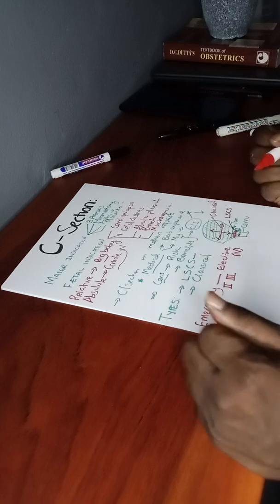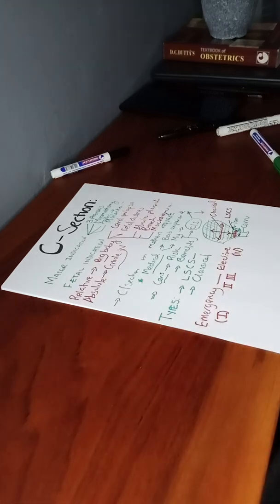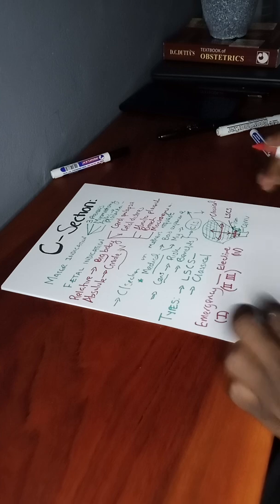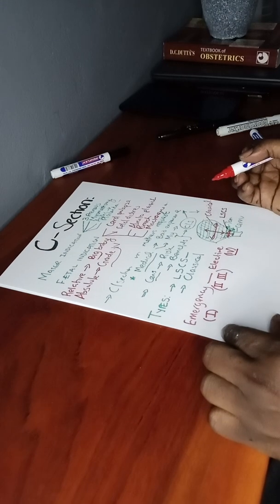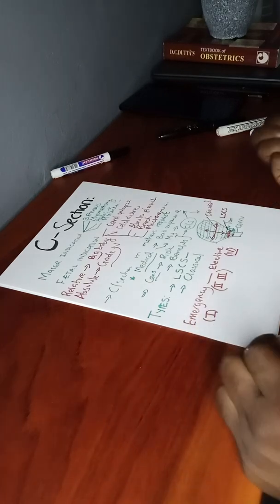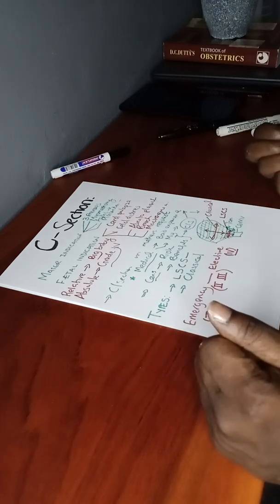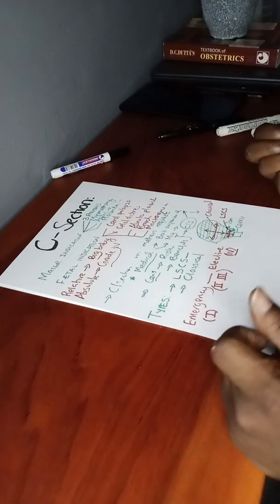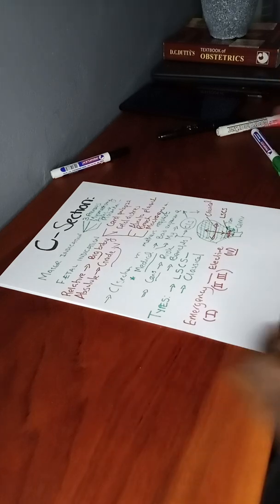And there are those cesarean sections that need to be done within 2 hours to 12 hours, but don't need to be done right there and then. Those are called type 2 and type 3 cesarean sections. And then we have type 4 cesarean sections. Those are cesarean sections that are done at the time that is convenient for the surgeon and at the time that is convenient with the mother. So those are the ways that cesarean sections can be classified.